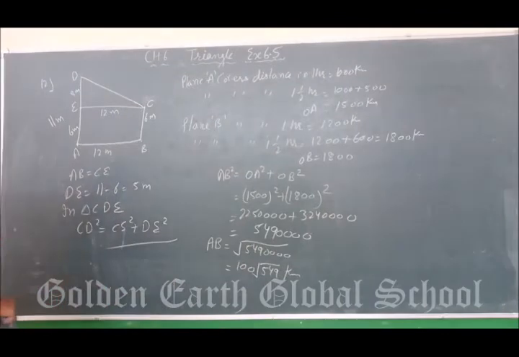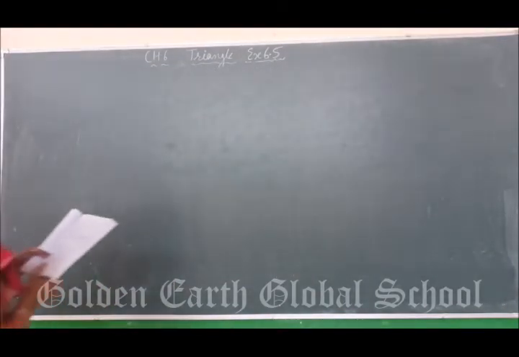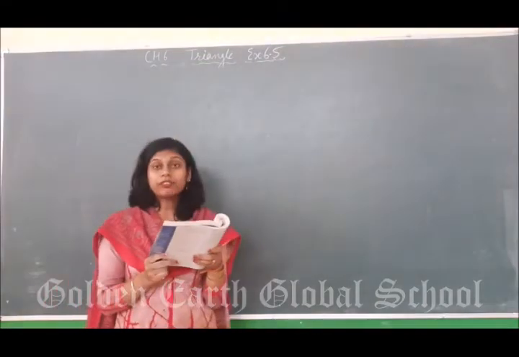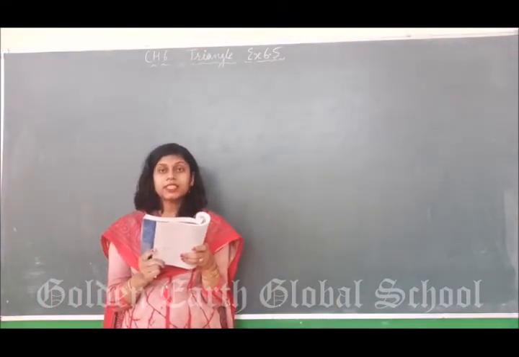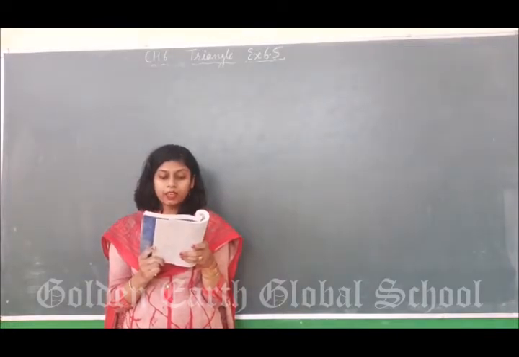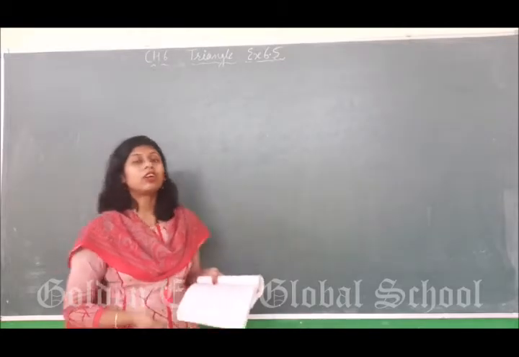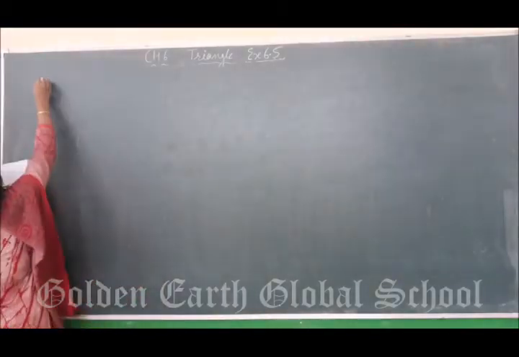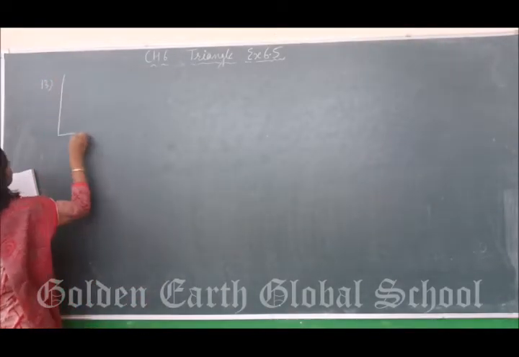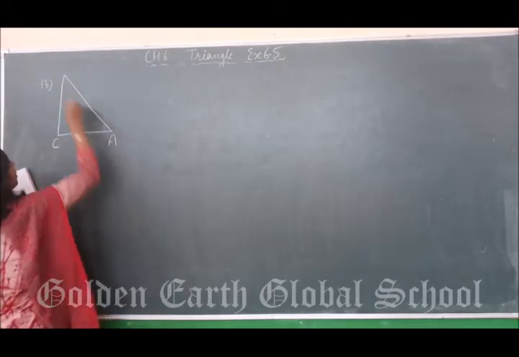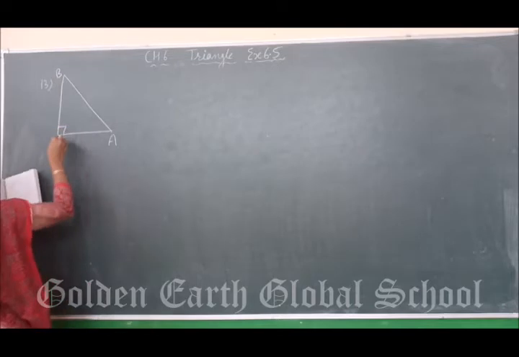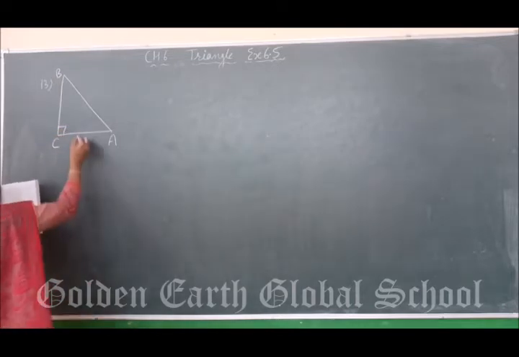Next, question number 13. Draw the figure from the statement: D and E are the points on the sides CA and CB respectively of the triangle ABC right angled at C. First of all, draw a right angled triangle. This point is C, A, B. D is a point on CA.